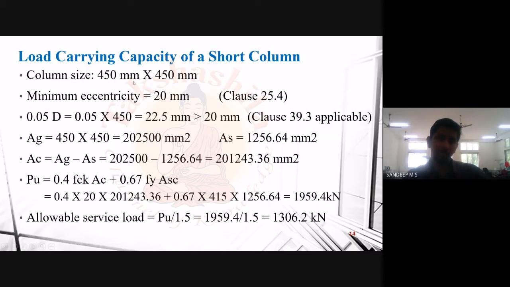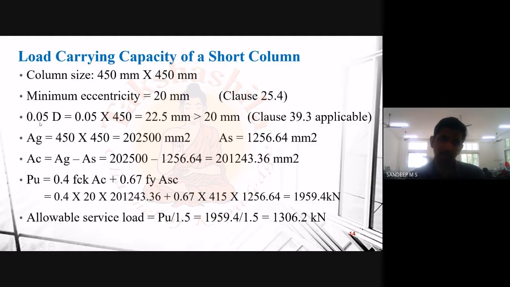So the column size is 450 by 450, and as I already told, as per clause number 25.4, instead of calculating the unsupported length by 500 plus least lateral dimension by 30, we are directly taking the minimum eccentricity to be 20, because this is the minimum possible value of eccentricity. Okay, so we are just assuming that the minimum eccentricity is 20 millimeters. Now we have to ensure that it is an axially loaded column.